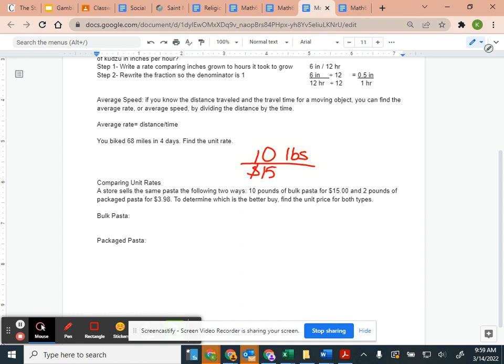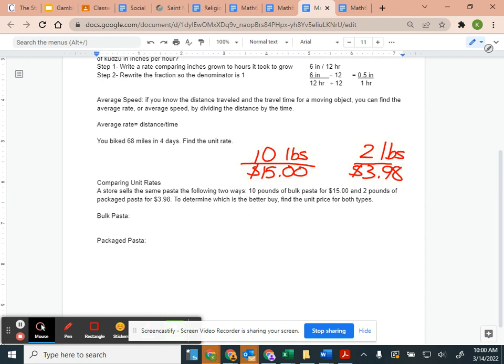So if I put $15 on the bottom, we're going to have to put dollars on the bottom for the other side, right? The other was 3.98, and that was for 2 pounds. So whatever I put on the bottom for one side, when we're comparing, we want to compare the same things.